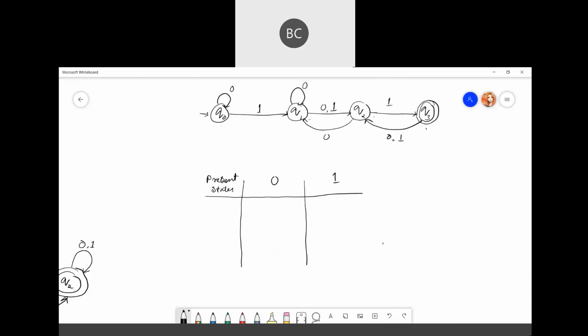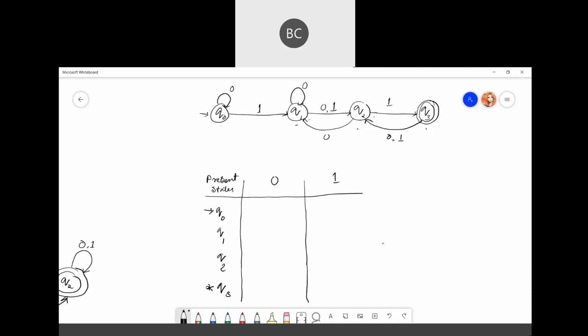There are four states. So what are the states? We have Q0, Q1, Q2, and also Q3. From the diagram, we know Q0 is the initial state and Q3 is the final state. Right?